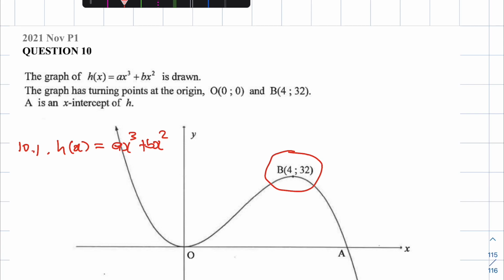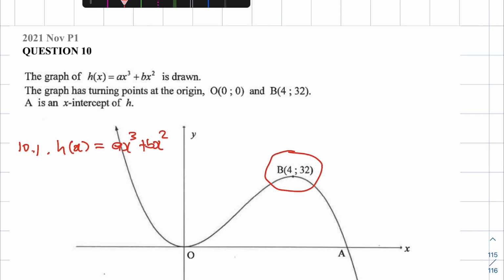So what we're going to do, we're going to create two equations. One equation, we will make the first derivative equal to 0, then we substitute 4. Then the second equation will substitute this point into the original equation. Then we solve for a and b.